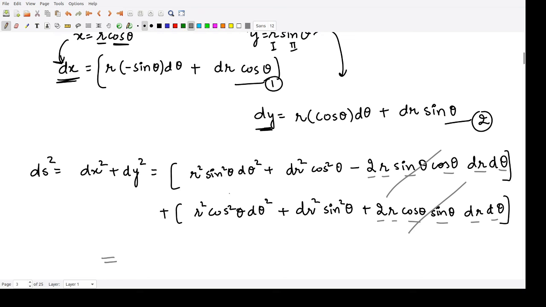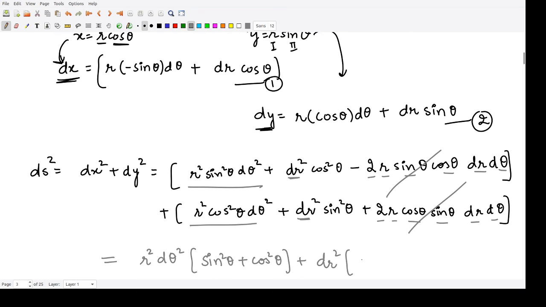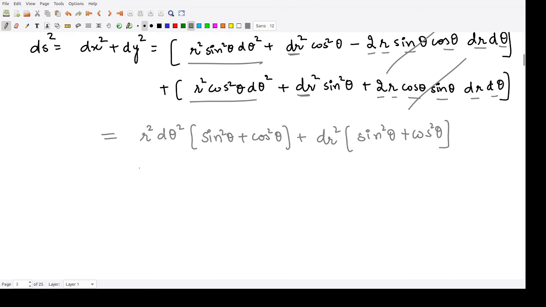In this term and this term we have r square d theta square common, so we would write sine square theta plus cos square theta, and here we have dr square common, so we can write dr square sine square theta plus cos square theta. Now because sine square theta and cos square theta are equal to 1, we are only left with this quantity. So our ds square becomes this thing.